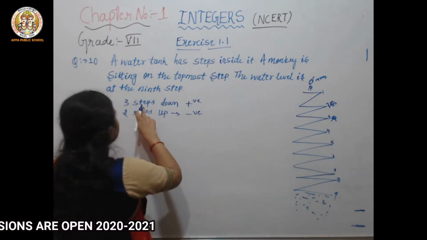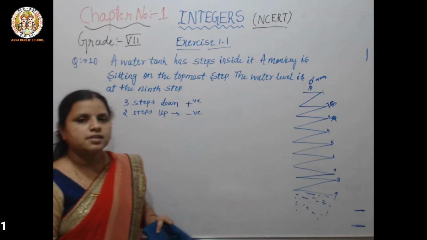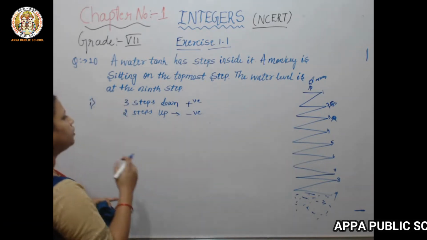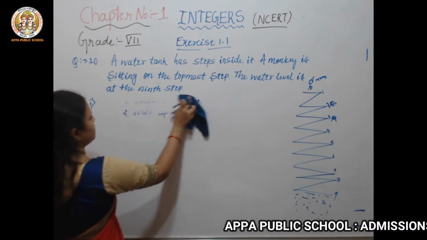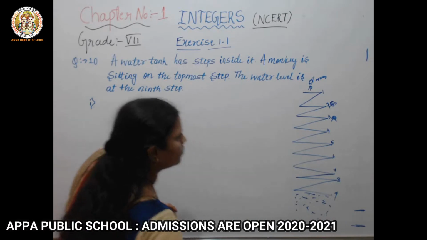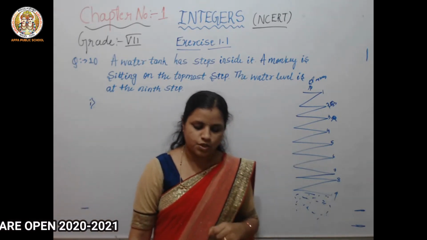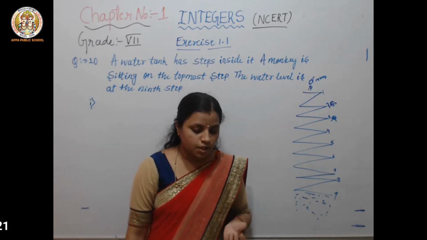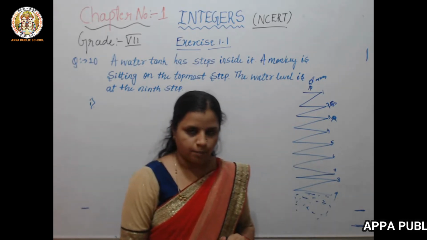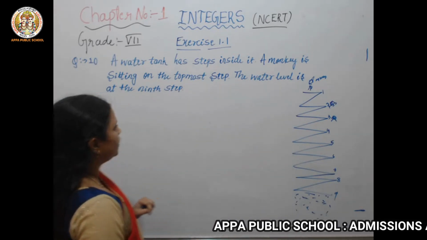So we take 3 steps down as positive and 3 steps up as negative. With this background we will solve the first one. Once again, he jumps 3 steps down and then jumps back 2 steps up. In how many jumps will he reach the water level?